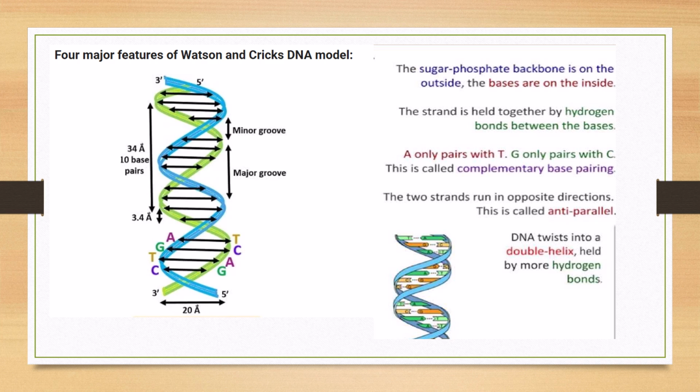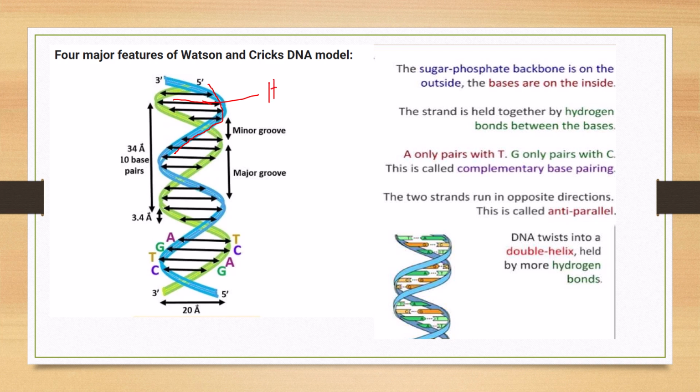So to sum up the four major features of the Watson and Crick model of the DNA: the sugar phosphate backbone is on the outside and the bases are inside. The strands are held together by hydrogen bonds.